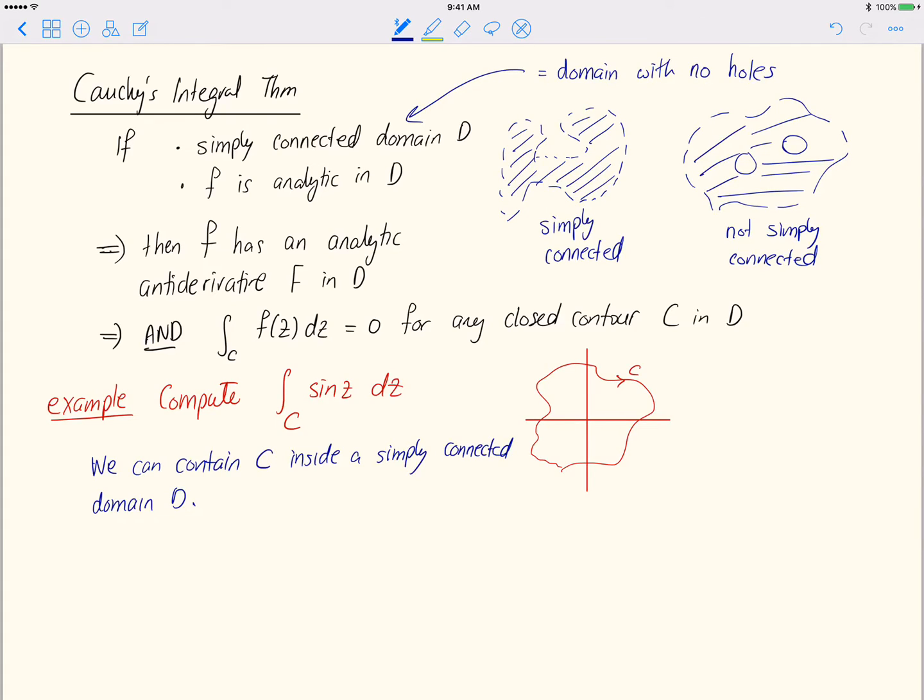I can just draw some simply connected domain which contains C. As you can see, that domain D which I've drawn, it doesn't have any holes in it, right? So it's simply connected.